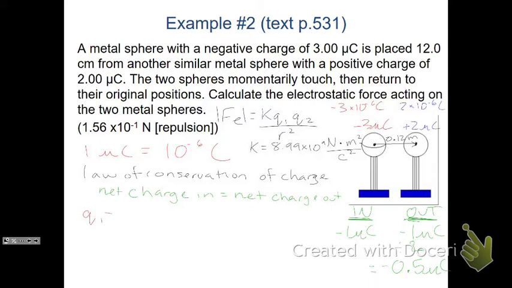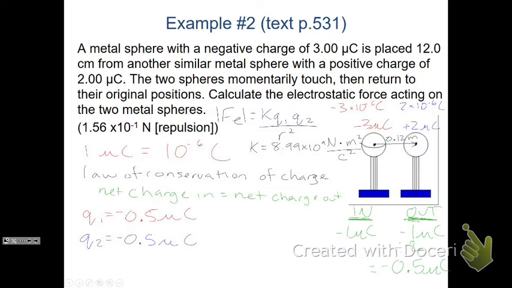So we know K is our constant. Q1 is going to be negative 0.5 microcoulombs. Q2 will also be negative 0.5 microcoulombs. Will Q1 and Q2 always be the same? No. It's only the same because they touched.